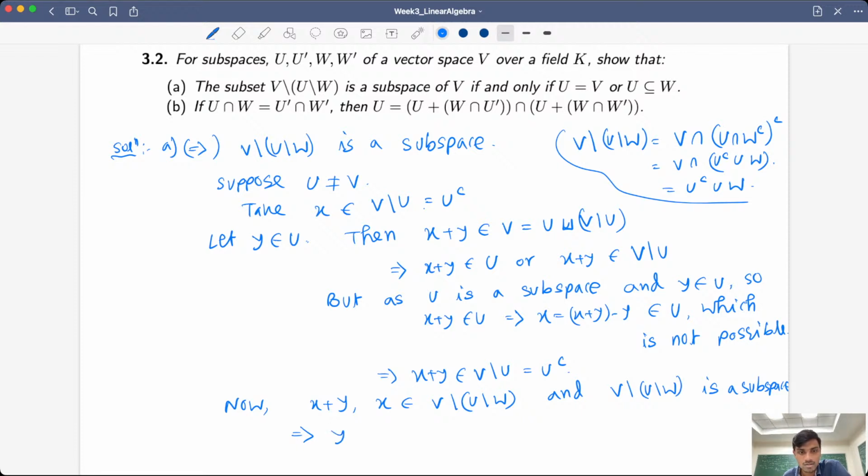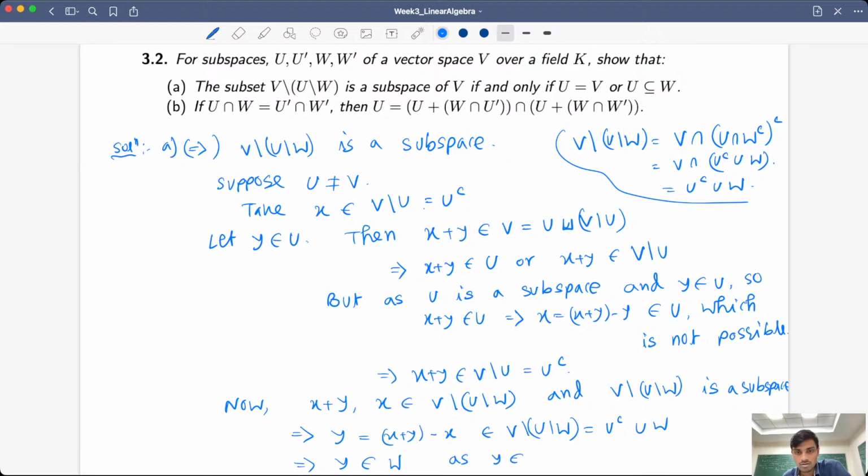So Y is just X plus Y minus X. So this belongs to V minus U minus W. But this Y I took from U, so it does not belong to U complement, and this is just the union of U complement and W. So this element belongs to this union, so it belongs to either of them, but it does not belong to U complement because it already belongs to U by assumption, so it must belong to W. So this implies that Y belongs to W.